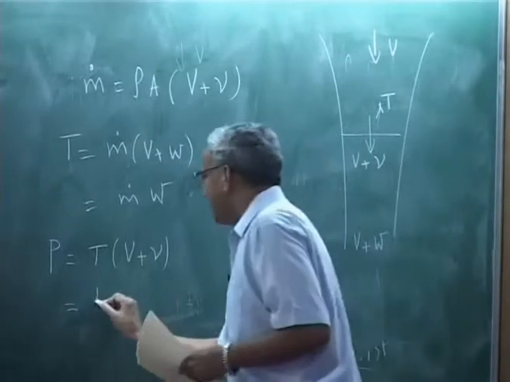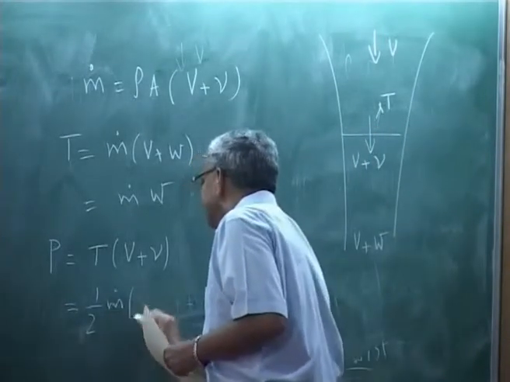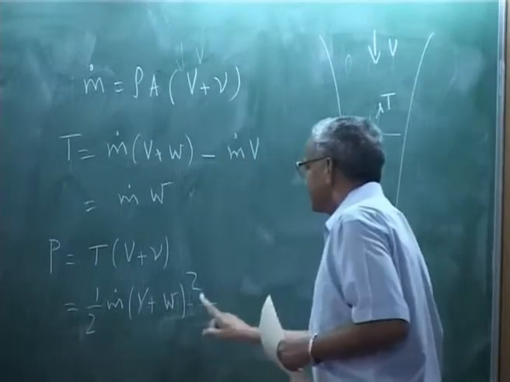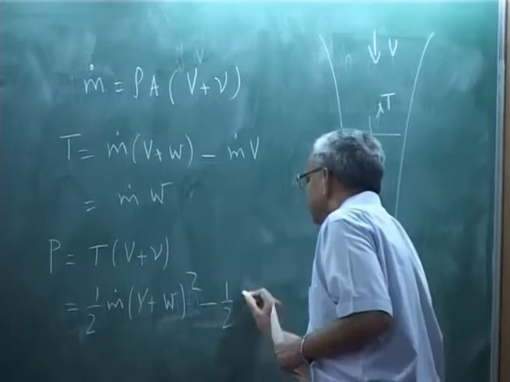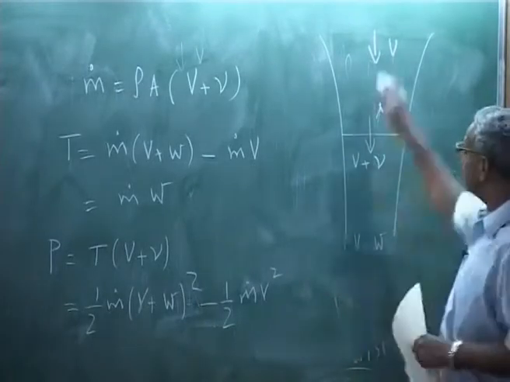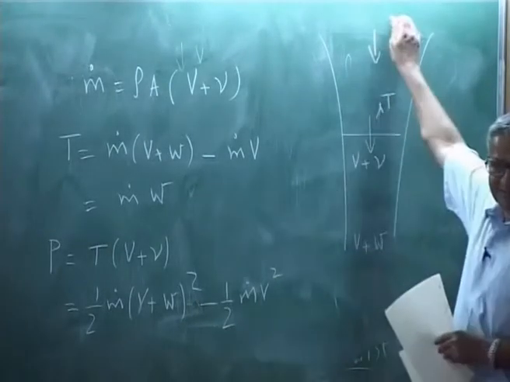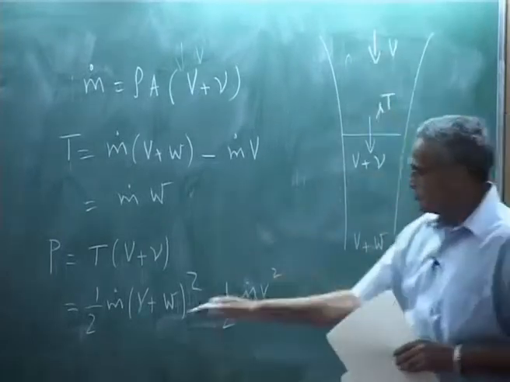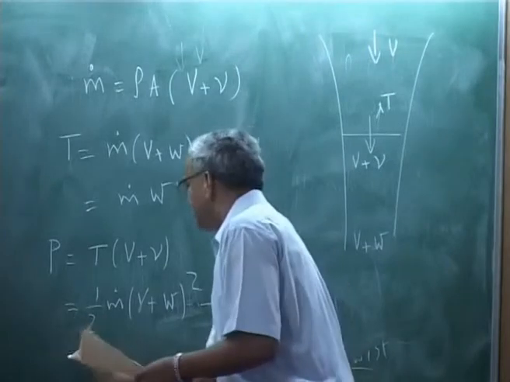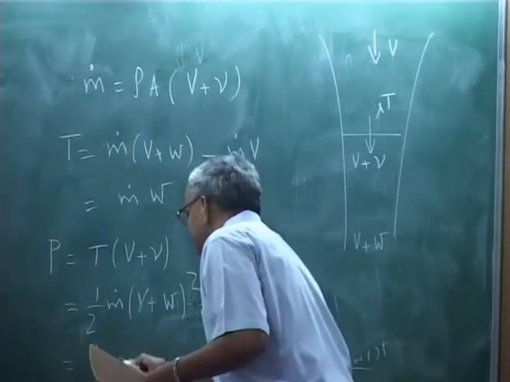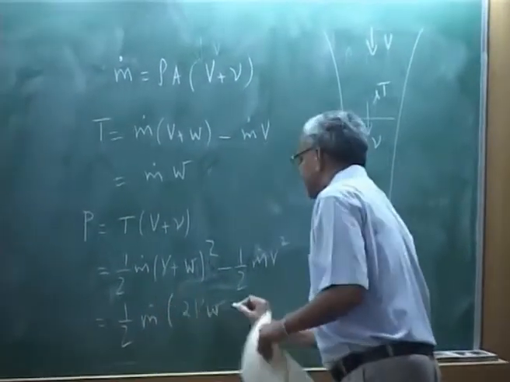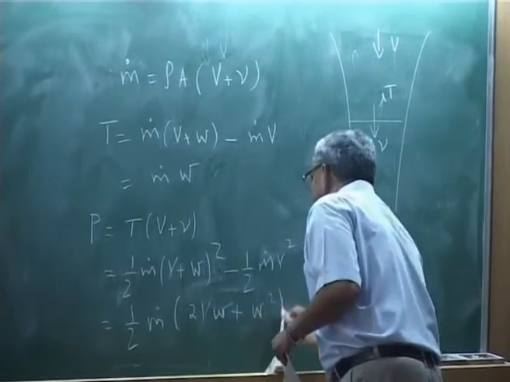Here kinetic energy is half m dot (V plus W) squared minus half m dot V squared, because it is final kinetic energy minus initial kinetic energy. Now, you simplify this, you will have half m dot (2 V W plus W squared).